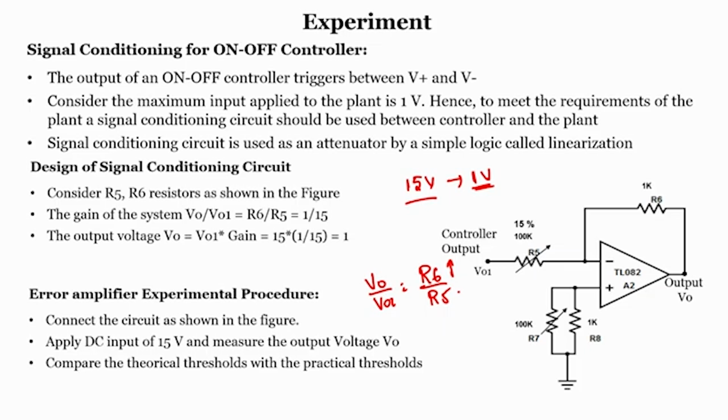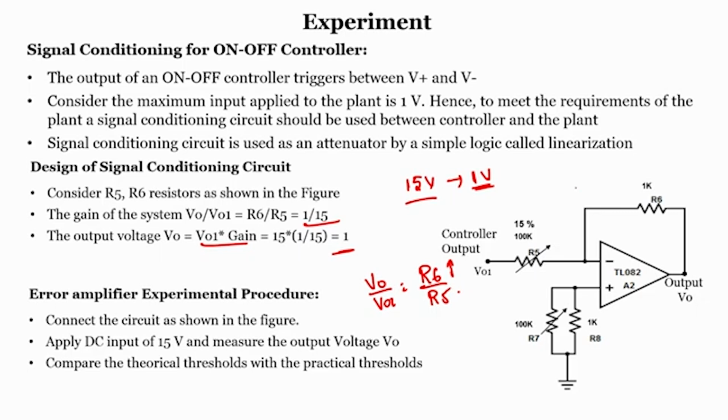If I take the gain of 1 by 15 and multiply it with the input voltage of V01, the V0 will always be 1, right. So, the output of the signal conditioning circuit is the input of the plant, and that whole combination of on-off controller and signal conditioning circuit is our controller in this case.